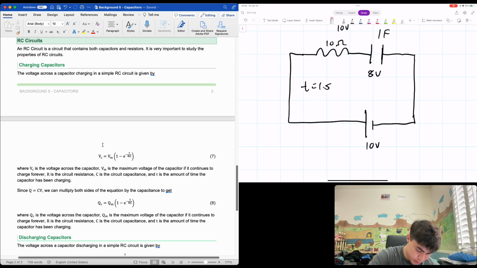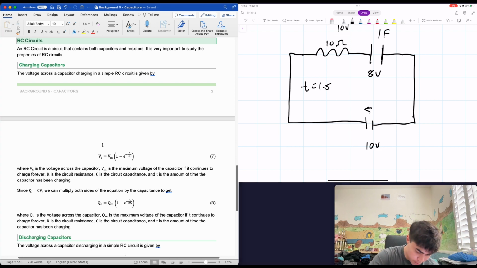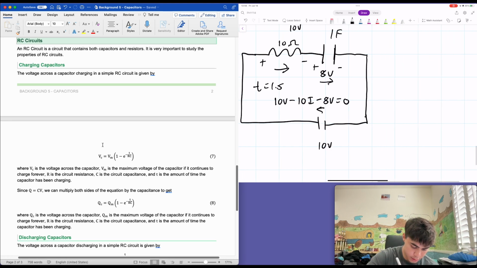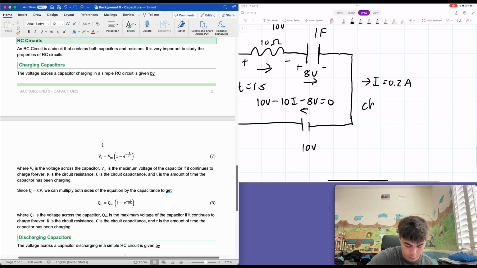As we pass through the battery using KVL again, we have 10 volts. And then as we pass by the resistor, we have minus 10I, where I is the current. And then as we pass by the capacitor, then we have minus 8 volts equals 0. And this gives us I is 0.2 amps. And now the capacitor is charging even slower.